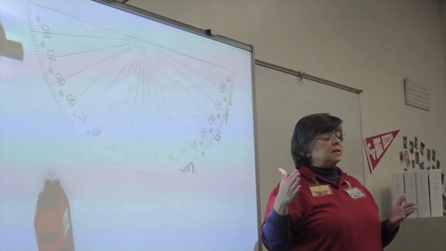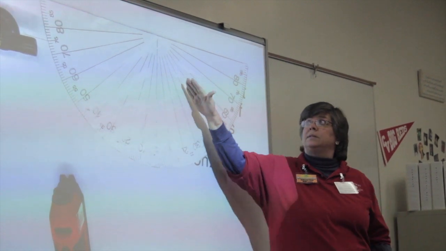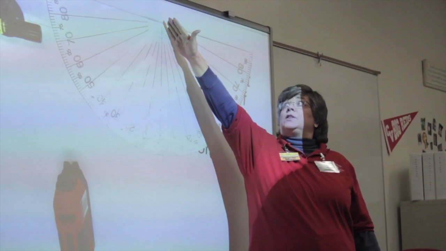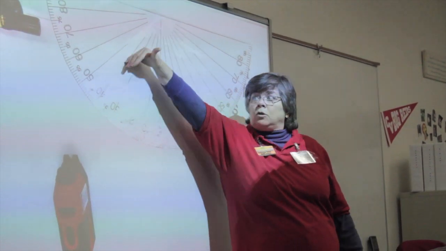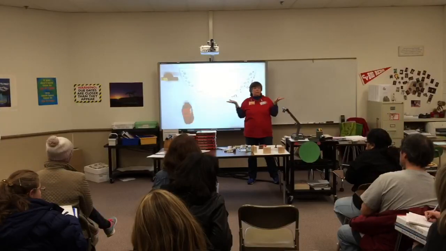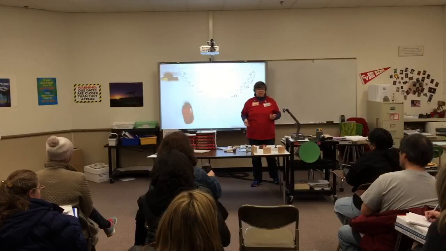So if the beam of light is coming in at 40 degrees and you have a mirror right here, then it will reflect off of the mirror and come back out at 40 degrees on the other side. That's basically what your kids need to know about the reflection of light, okay?